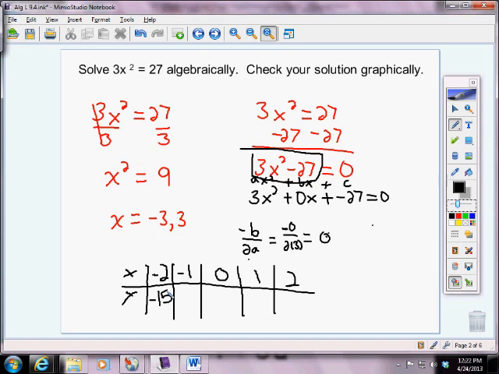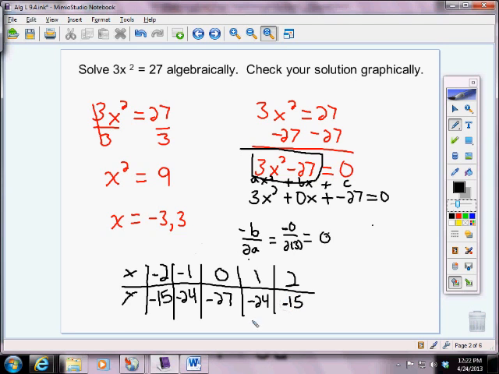Then I'm going to put a -1 in: 3 times -1 squared minus 27, and I get -24. Then I put 0 in and get -27. Then I'll put a 1 in and get -24, and a 2 in and get -15. So we're kind of seeing how it's symmetric.